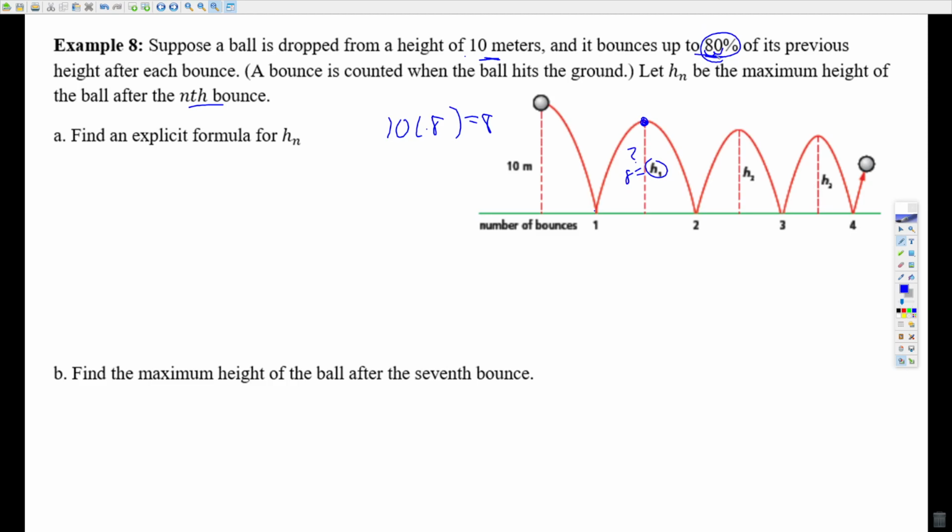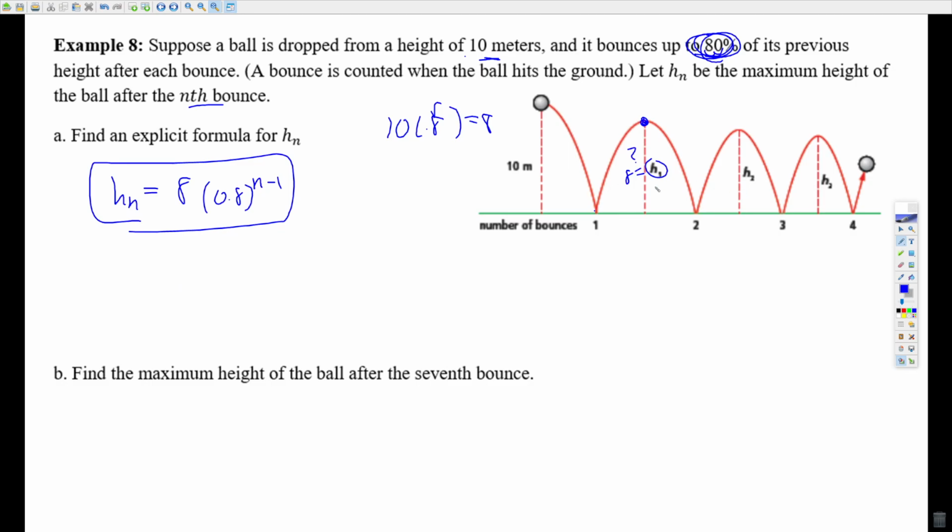And we do know our constant multiplier because it's just what we keep multiplying by, 80%, which is 0.8. So this is going to be r, and then we have our h sub 1. So our explicit formula would be h sub n equals our first term, which is 8, times our constant ratio, 0.8 to the n minus 1. So that's the whole thing.